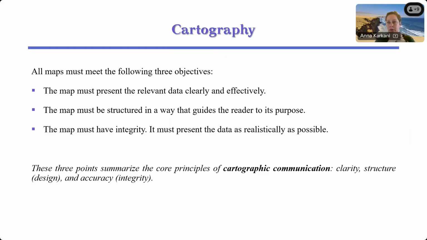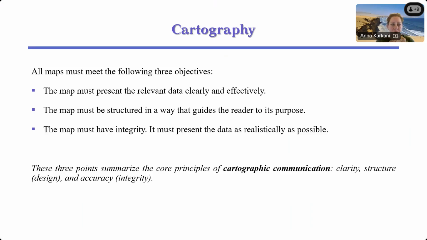Now, when we talk about cartography and the creation of maps, we always have to keep in mind some rules and some things that help our maps be more clear and, let's say, effective. So, as you can see here, there are these 3 points that are somewhat the core principles when we talk about cartographic communication. Our maps need to have clarity.